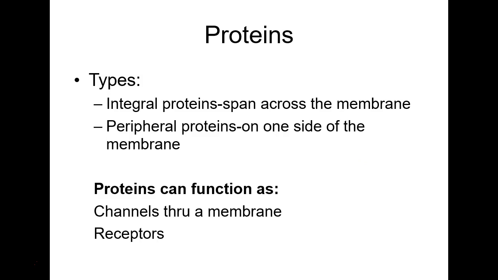So the proteins. What are proteins, first of all? They're basically composed of amino acids. So an amino acid hooked to an amino acid, hooked to an amino acid. You can have many of these hooked together by what they call peptide bonds in between them, which we're not going to go into.